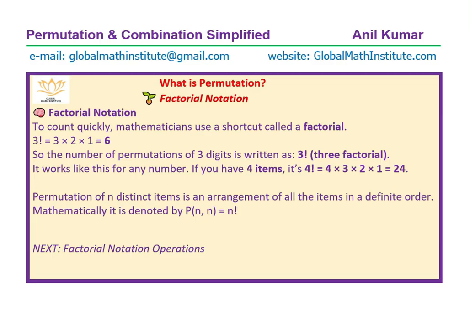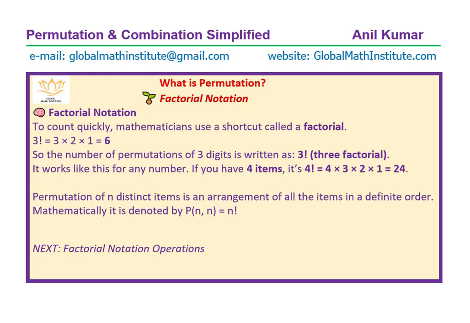So as I said, factorial notation is very important when we talk about permutations. So now here is the definition for both factorial notation and permutation in clear words. For every school student, these definitions are very important. Try to make a note of this, right? So factorial notation, as we saw, is to count quickly.